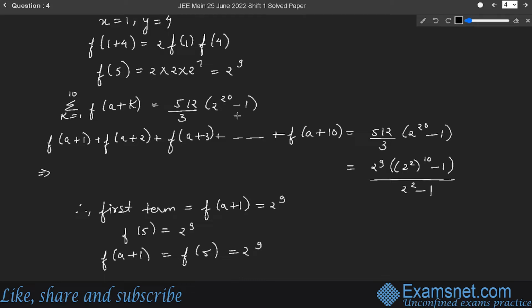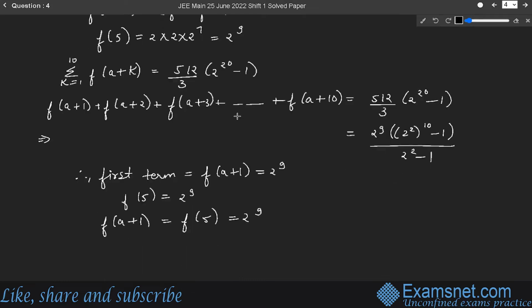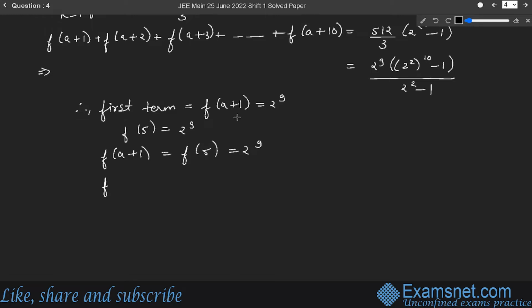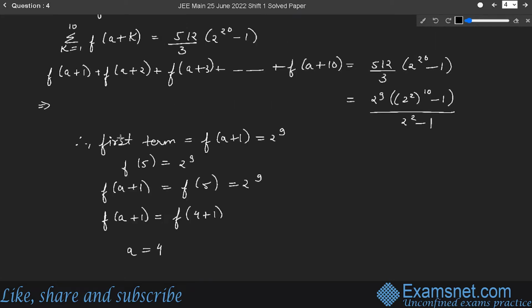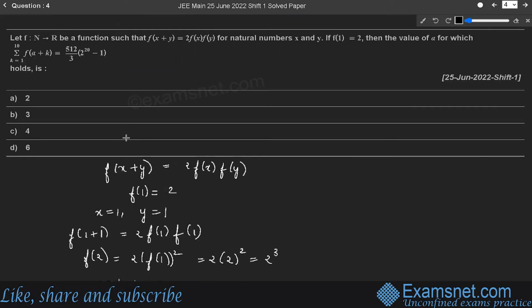It can also be written as f(a + 1) is equal to f(4 + 1). Therefore, comparing both the sides, we get a is equal to 4. So, we can say that the correct option for this question is option C, which is 4 here.